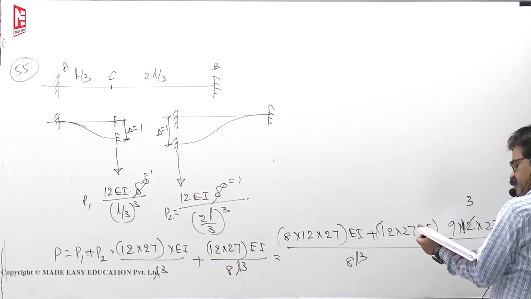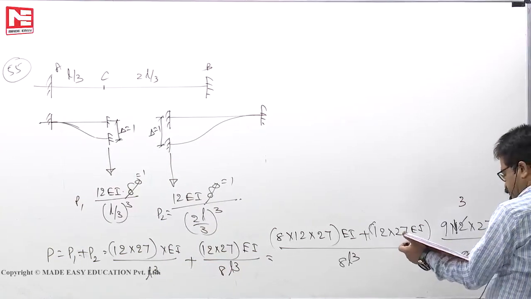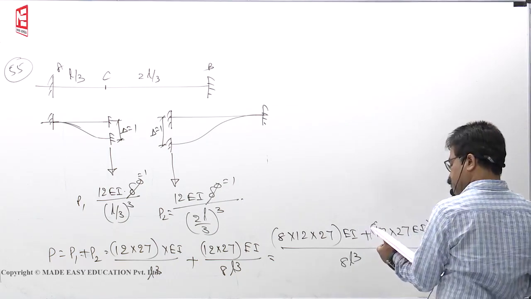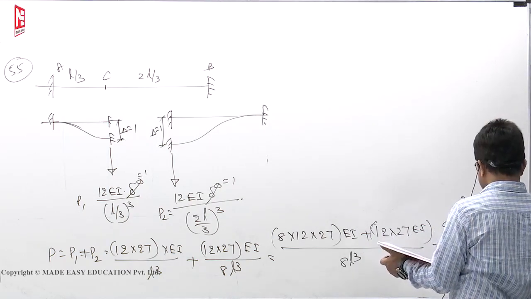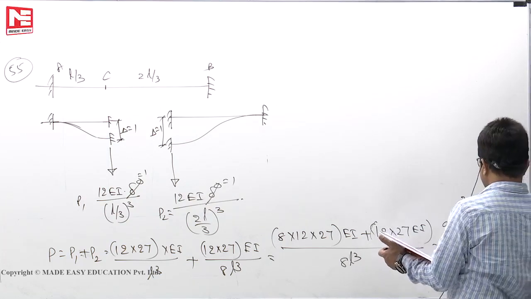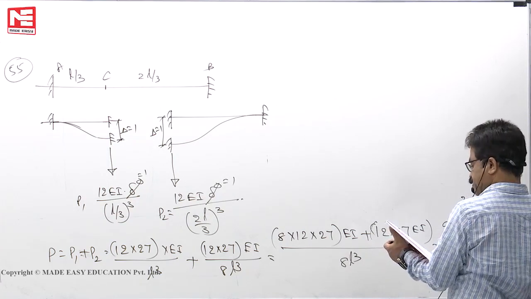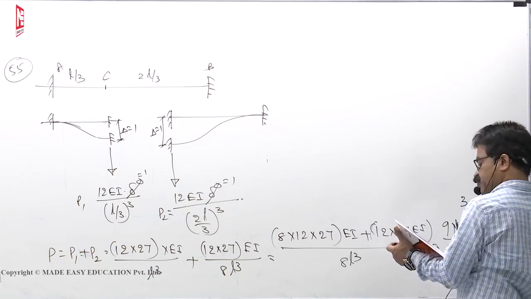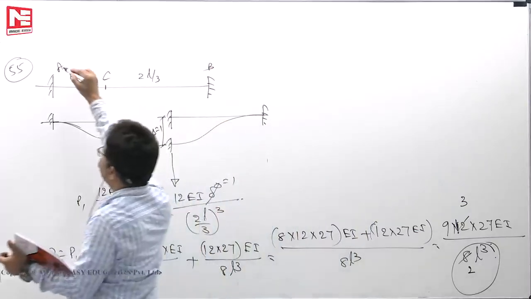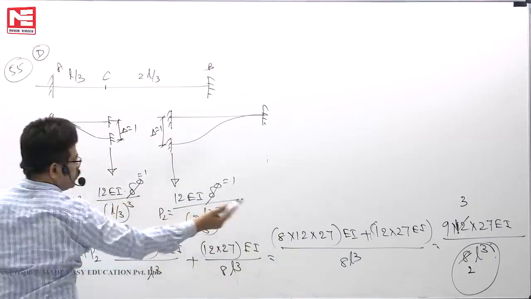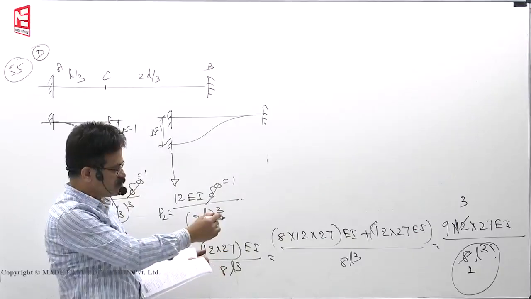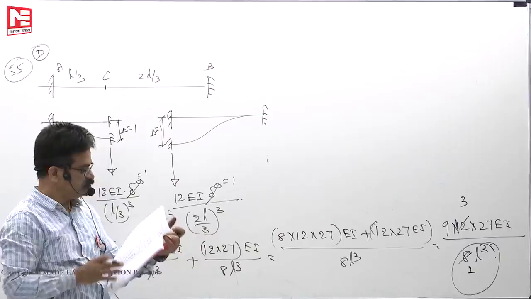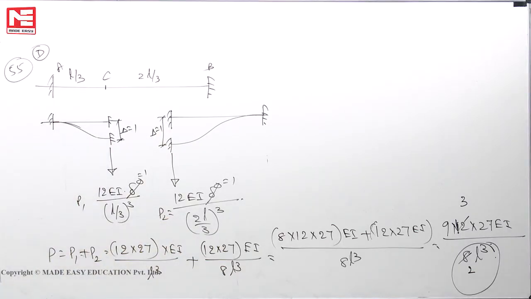Then the options will be, where is that? 2L cube. See, in this entire thing here we got 2. 9 into 3, 27 into 27 must be 729, because you should get 2 here. So the correct option is D, 55D. See, you don't have to evaluate everything. Once 2 comes in the denominator, only one option is there. So finish off that fast.